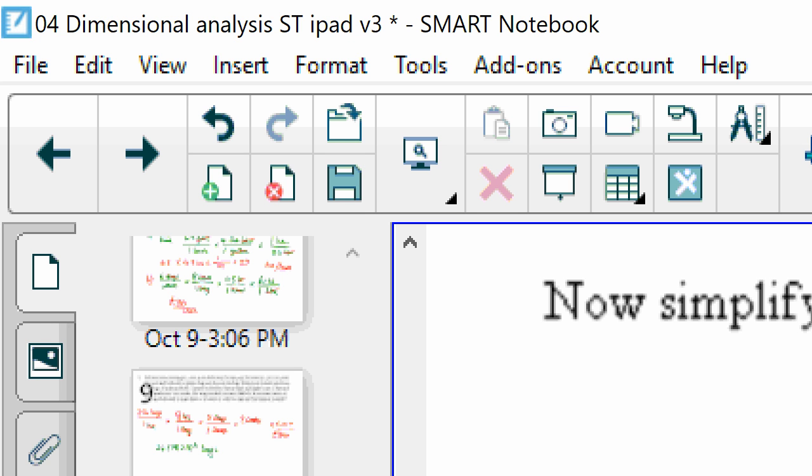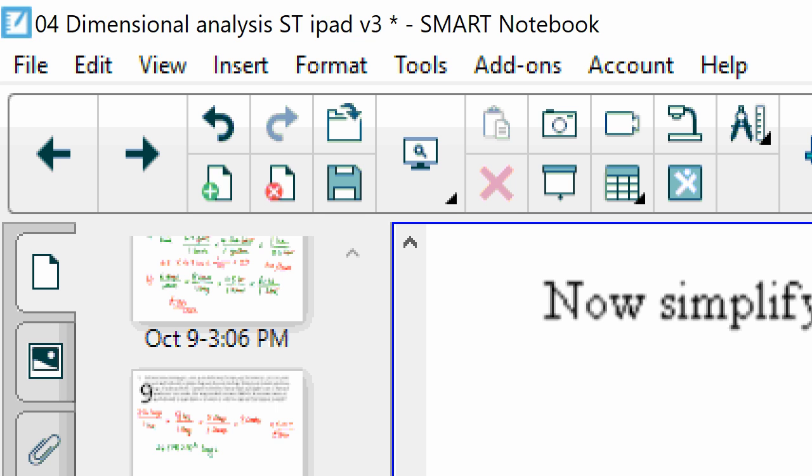That was all that in the first place. Plus, when we simplify the middle term, we've got M, L minus 1, T minus 2. So that must be a pressure as well. So we can add them together because they're both pressures.